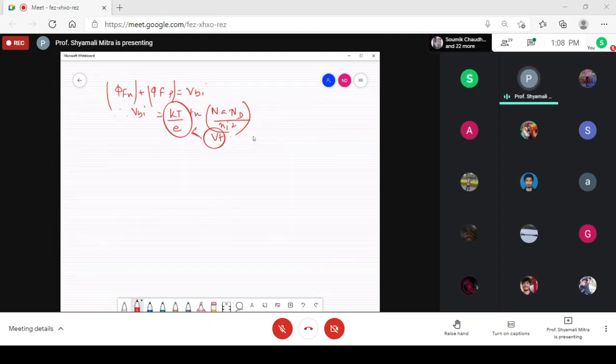Temperature is equal to 300 K. Okay, and Ni is equal to 1.5 into 10 to the power 10 per cubic centimeter. Then Na is 1 into 10 to the power 18 per cubic centimeter. Okay.